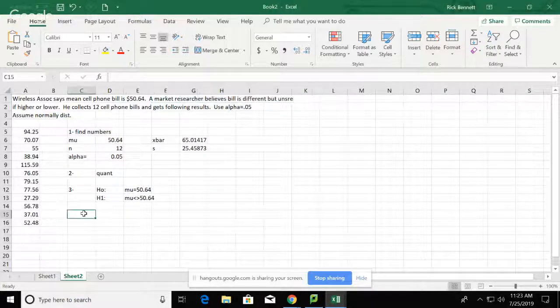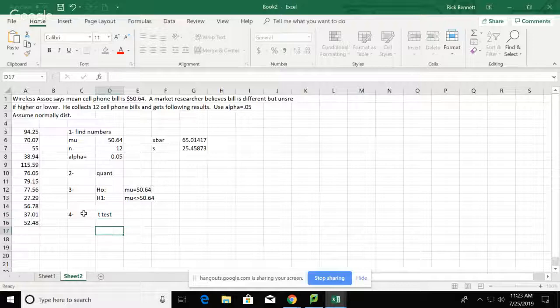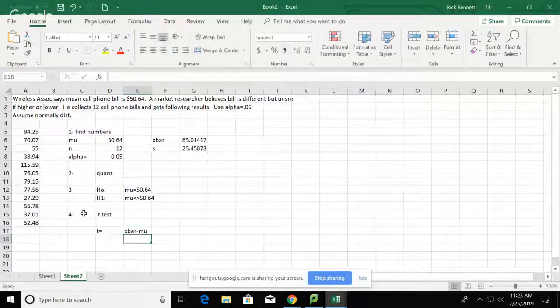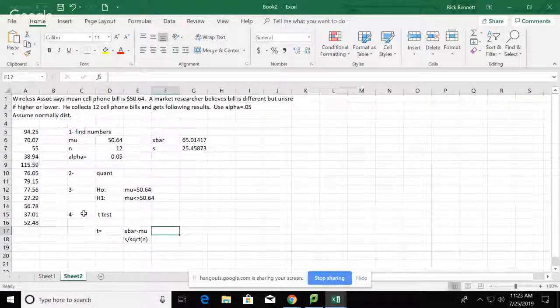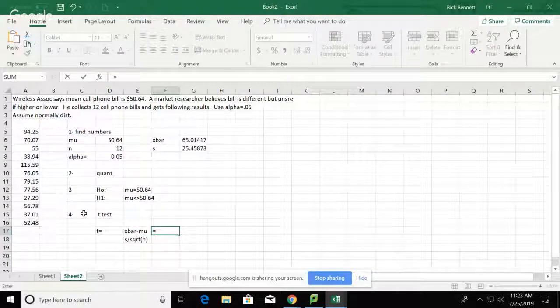Okay. Step number 4. It's going to be a t-test, right? T equals X bar minus mu over S over the square root of n. Okay, we got to hurry here. X bar is $65 and a penny minus 50.64.